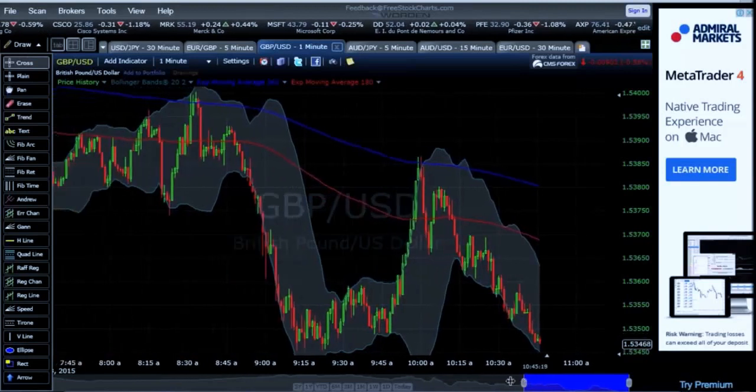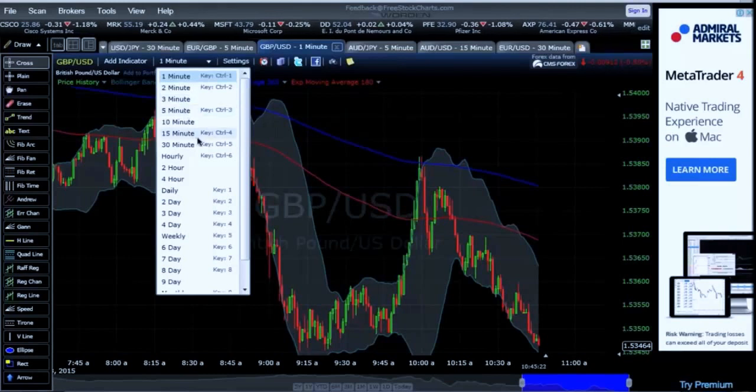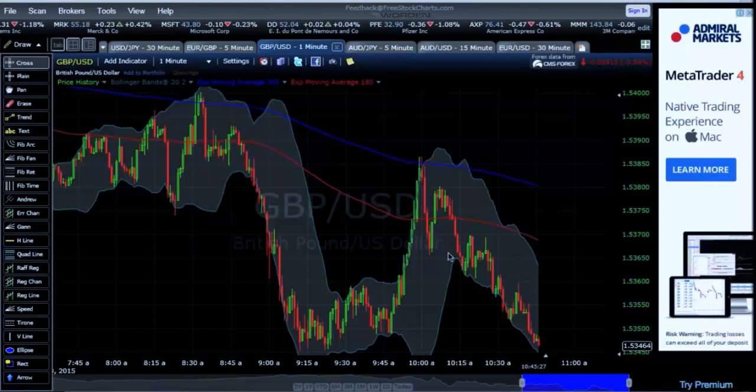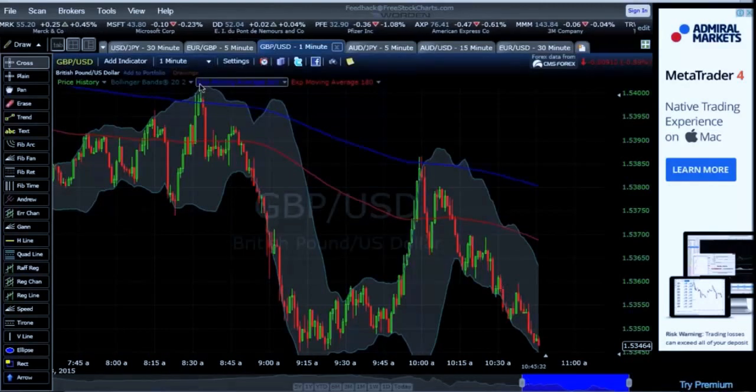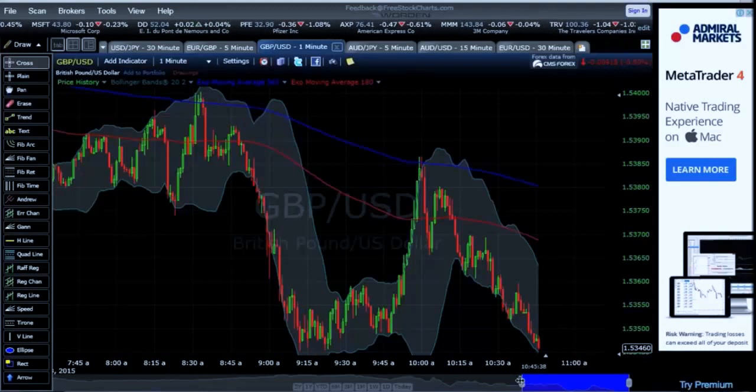So that's the strategy. You need to check the EMAs on the 5-minute chart, the 15-minute chart, and the 30-minute chart. If on all those time frames the EMAs are pointing in the same direction, you switch to the 1-minute chart and wait for the EMAs to point in the same direction as those time frames.